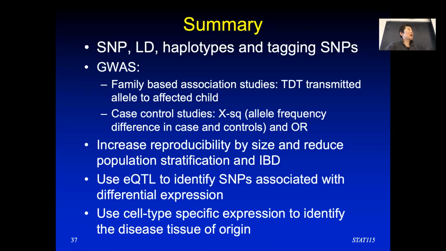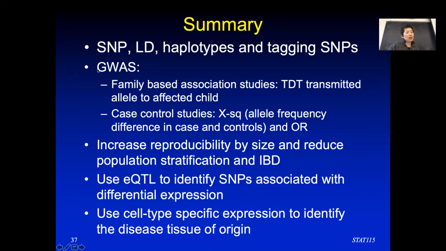Okay, so in summary, in this genome, we have many SNPs, and the SNPs form these LD blocks or haplotype blocks. And so in early SNP array GWAS studies, you only need to tag specific SNPs.